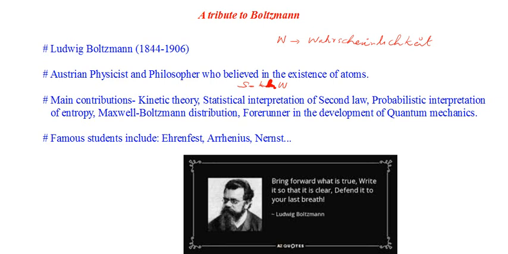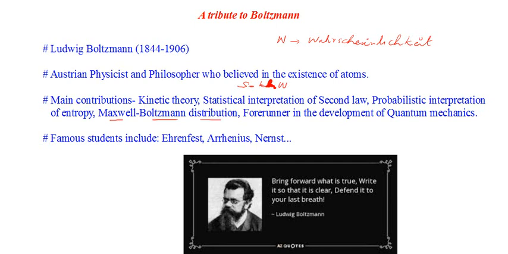And also the probabilistic interpretation of entropy, the Maxwell-Boltzmann distribution. You can see Maxwell's concepts and Boltzmann's ideas were put together to understand the behavior of classical particles like atoms and molecules in a gas.